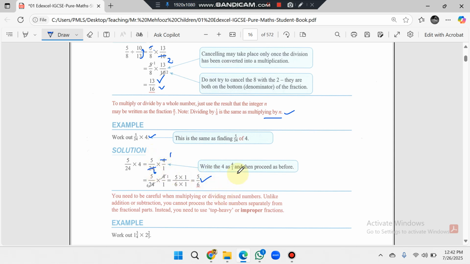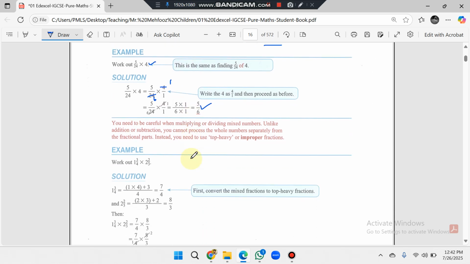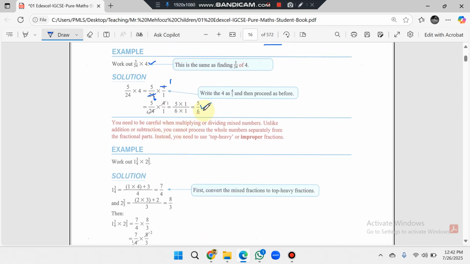You have to notice that when we cancel out terms, the numerator can be cancelled by the denominator of the same fraction as well as of the different fractions which are multiplying each other. Okay, so this is your answer. Next one: you need to be careful when multiplying or dividing mixed numbers, unlike addition or subtraction.